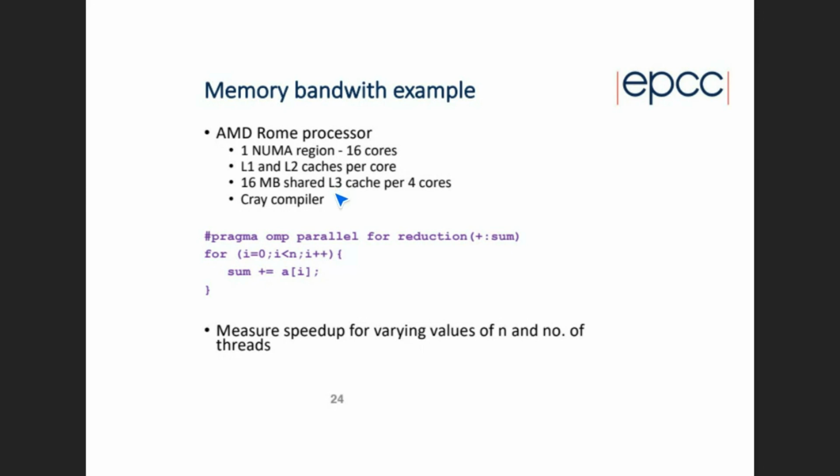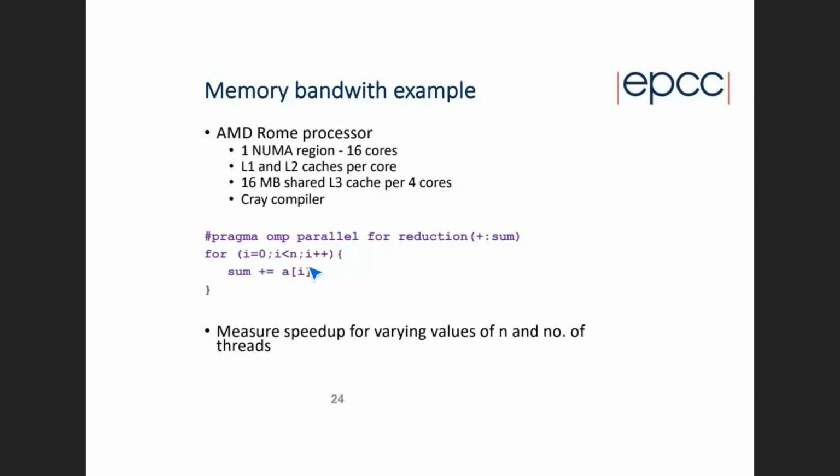For completeness, I was using the Cray compiler here, and I was executing this parallel loop. The fact that it's got a reduction on it is really neither here nor there. It's basically a loop which does reads of elements of an array.